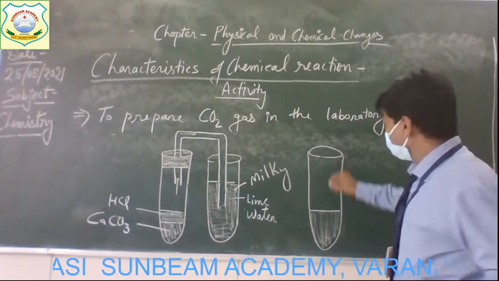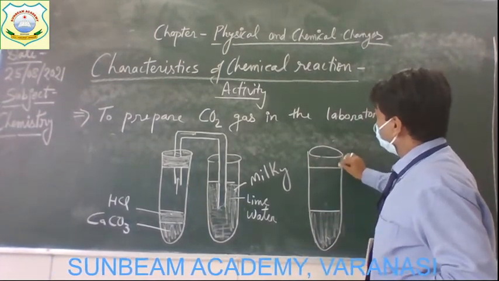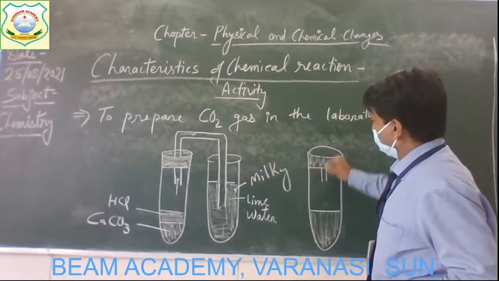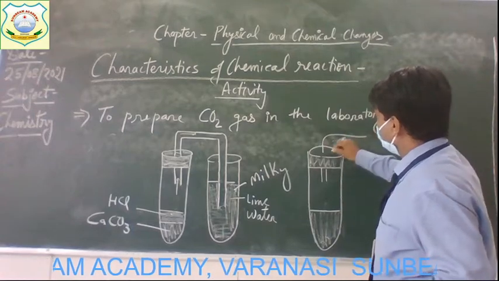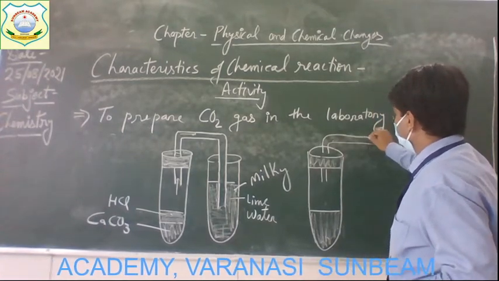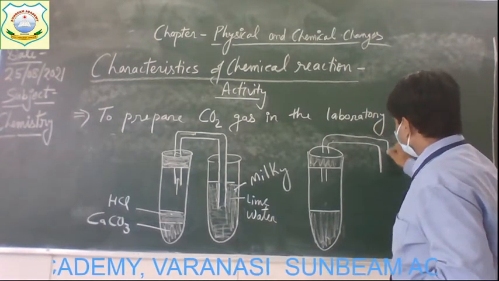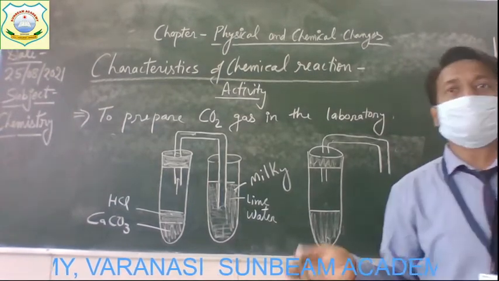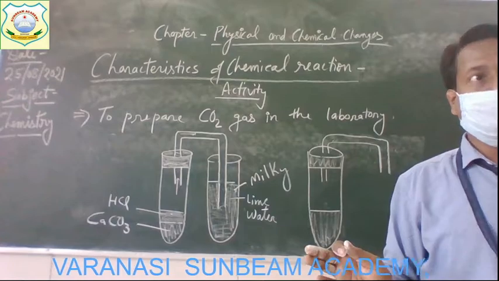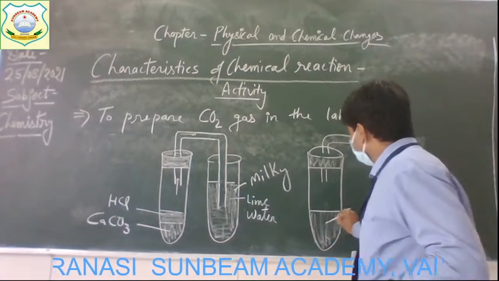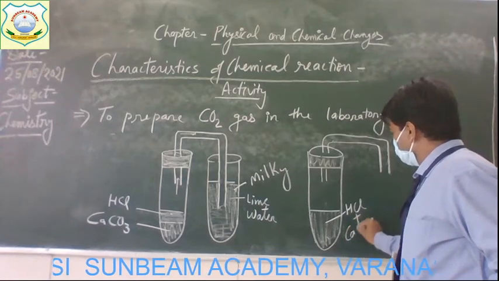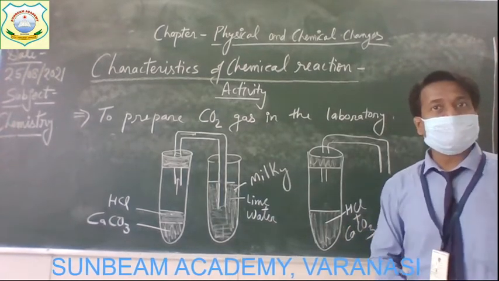Cover the mouth of the test tube. Insert a glass tube, and the second end of this glass tube will not be inserted in any other test tube. This one is HCl and calcium carbonate.